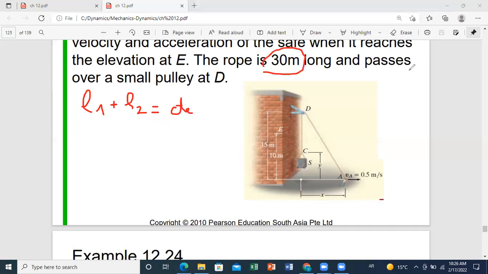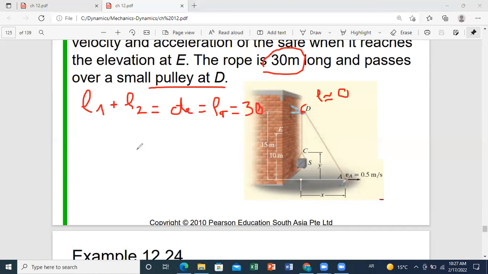And they told me the pulley D is very small, to neglect this small part, the arc of circle. Because the radius of the pulley D is very small, I can neglect it, so L here is nearly 0 for this part. So I can say that L1 plus L2 is equal to the total length of my chord, which is 30 meters.